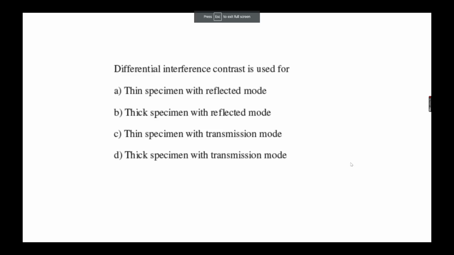So I will leave this question for you, and I will ask those who are not giving answers in the next class. This one question I will ask in the next class: please note that the DIC microscope is used for what? It is again an application, for thin specimen with reflected, thick specimen with reflected, and in transmission mode. So please answer this later.